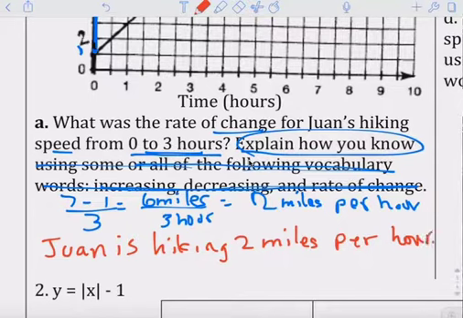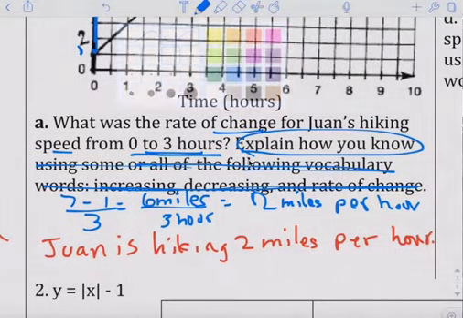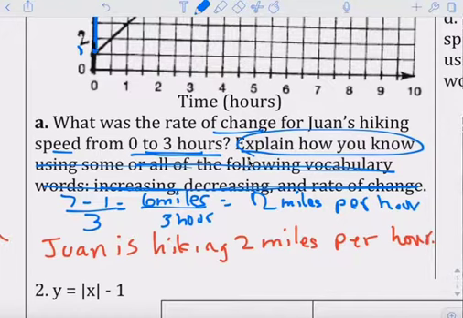How do you know? How would you explain it? We take the change in time to solve this. We took the change. We subtract. We took the change in miles.